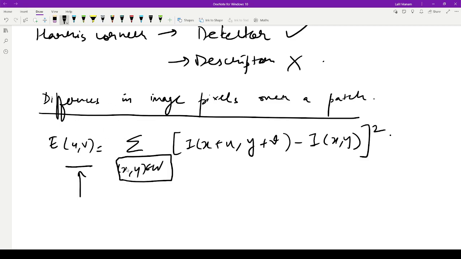Once we go through the whole window, we check for differences in the image pixels over a patch. That's all. And this is for every pixel in the image, we do it separately.